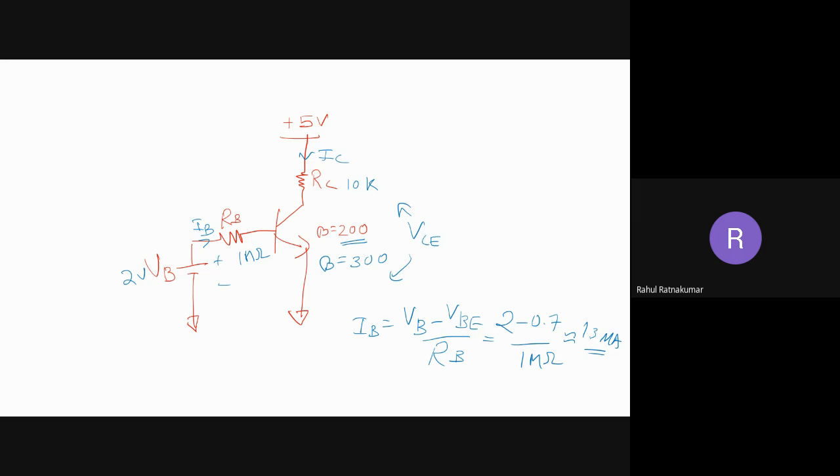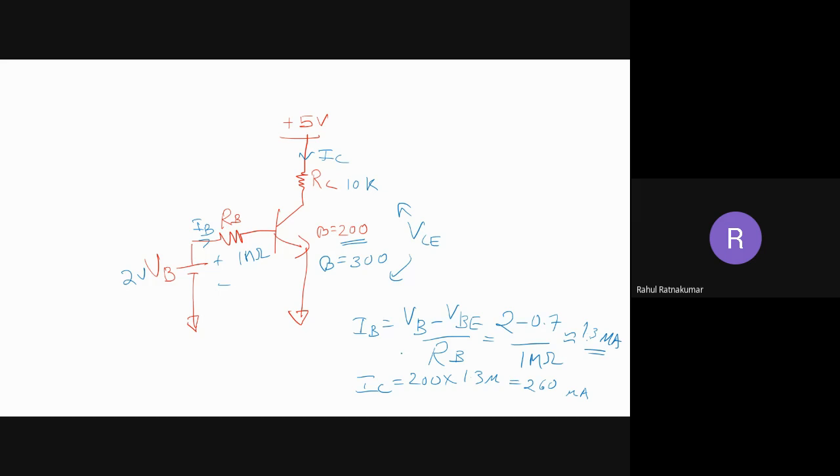Okay, so what about IC now? We know IC is nothing but beta times IB. So beta is 200 into 1.3 micro. This is nothing but 260 micro, or 0.26 milliampere.